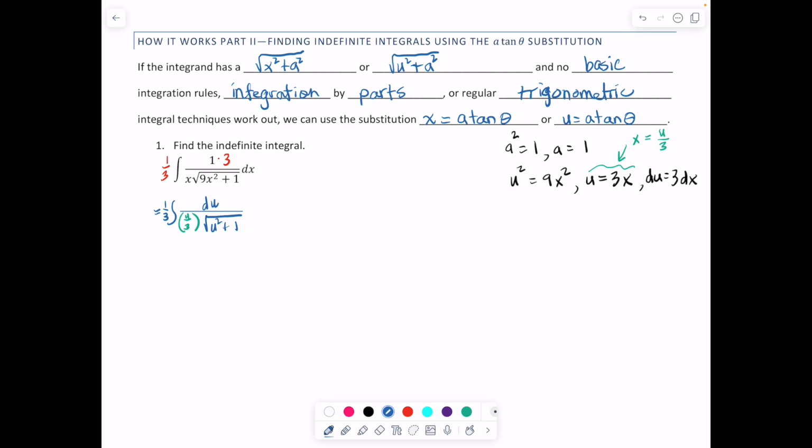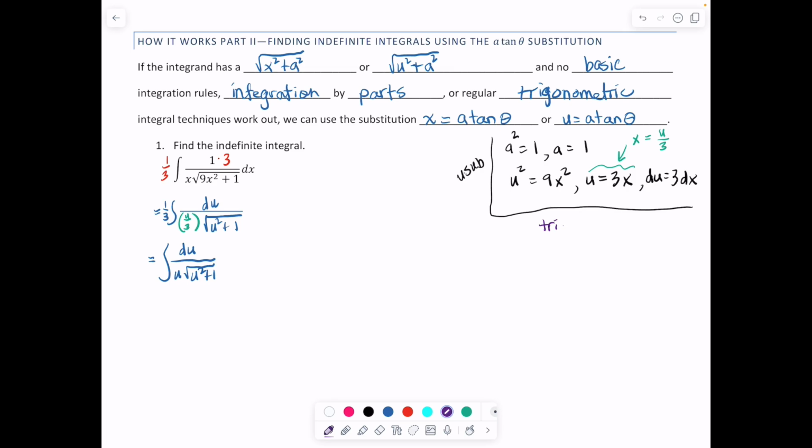Cool so far? Now the 3 in the denominator of that first u will make that coefficient 1. And then we'll end up with du over u times the square root of u squared plus 1 squared. Excellent. This was our initial u substitution, and now we're going to do a trig substitution.